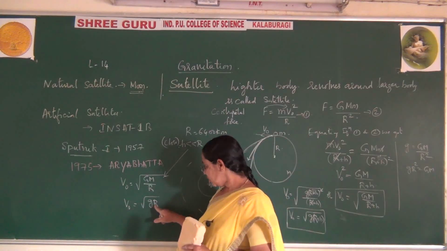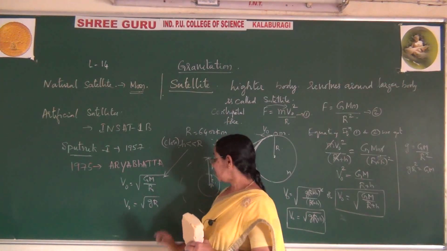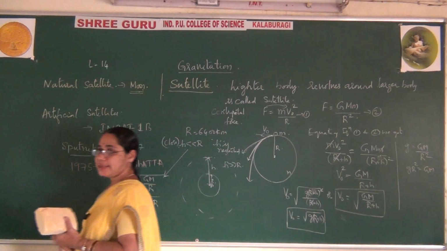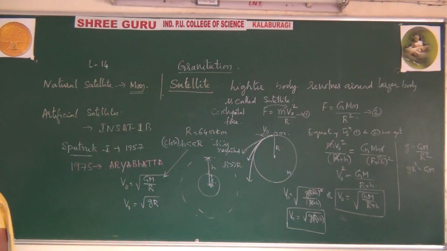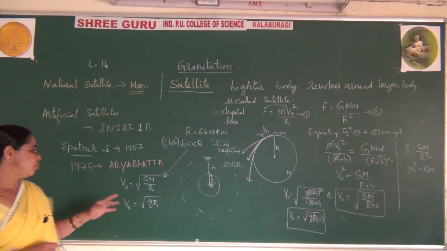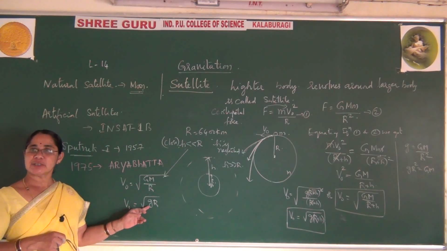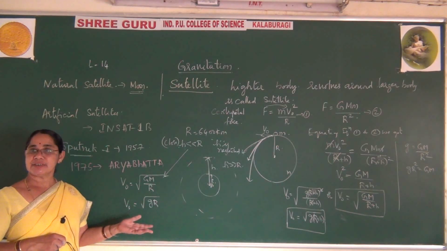Okay. Now, if you use this condition, what will be the orbital velocity of the Earth? You already know the formula, where g is 9.8 meters per second square and R is the radius of the Earth.